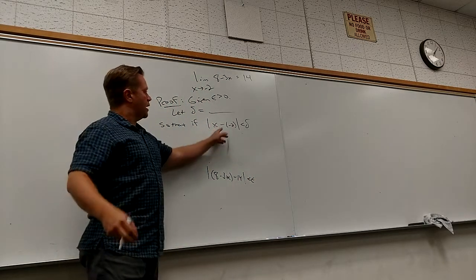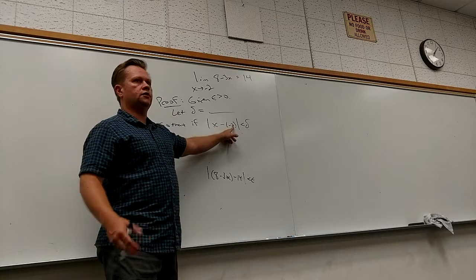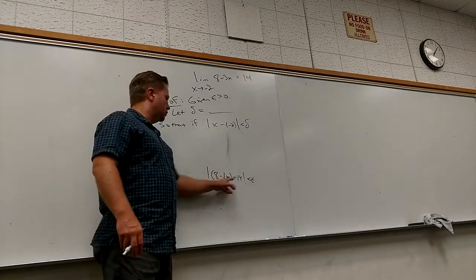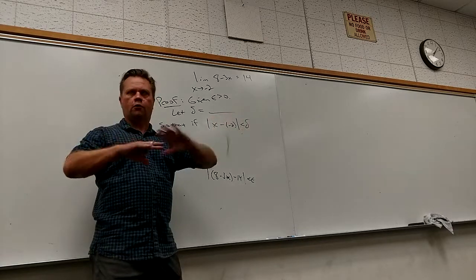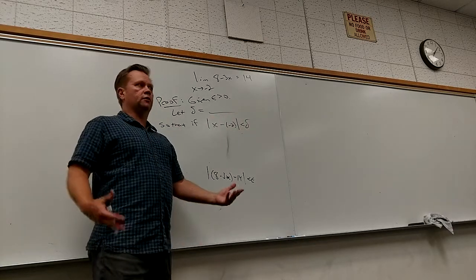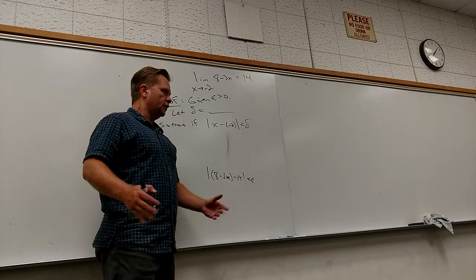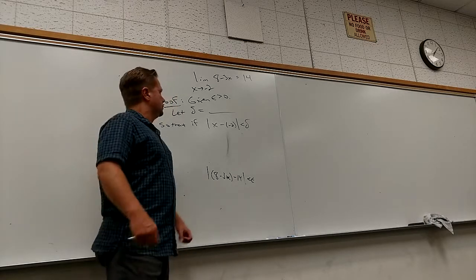So all this says is, as my inputs get really close to -2, my outputs should get really close to 14. I mean, that's really watering that down. Well, that's basically what this is saying. And that is what a limit is.